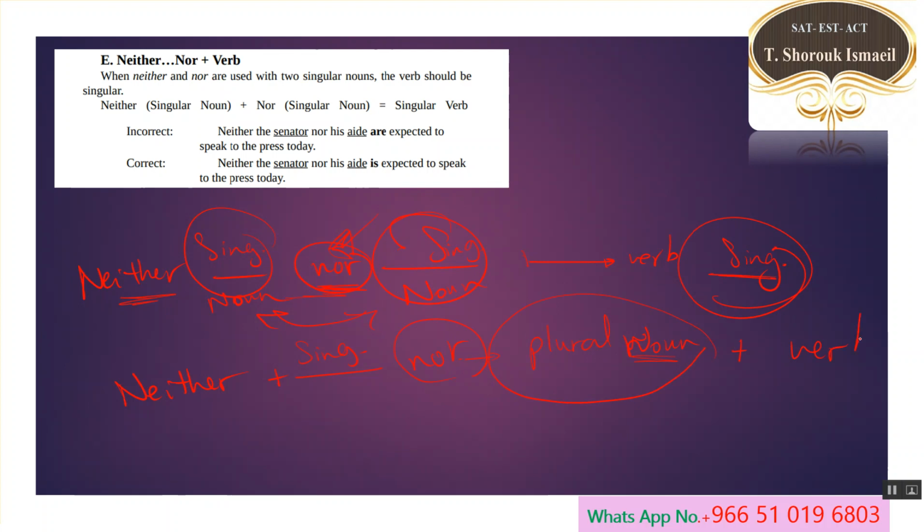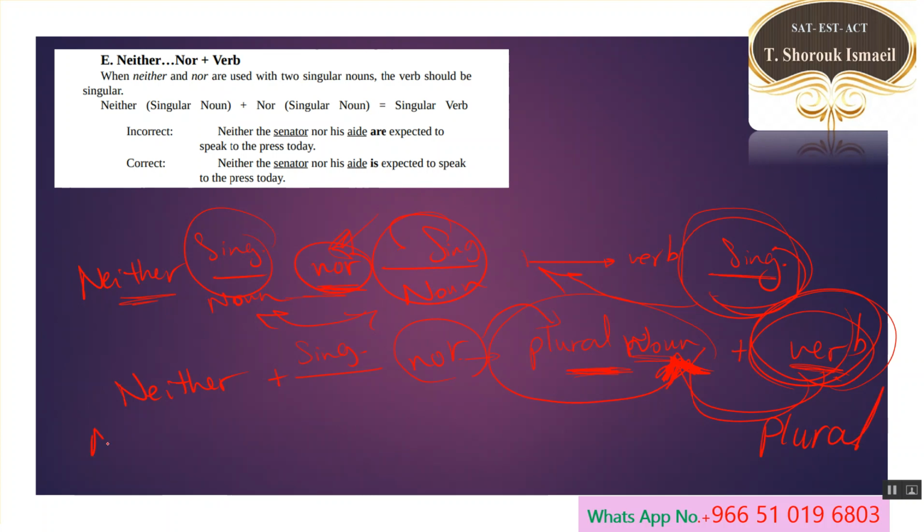The verb will follow its closest noun, the noun that is near to it. So if the noun after nor is plural, my verb will be plural.